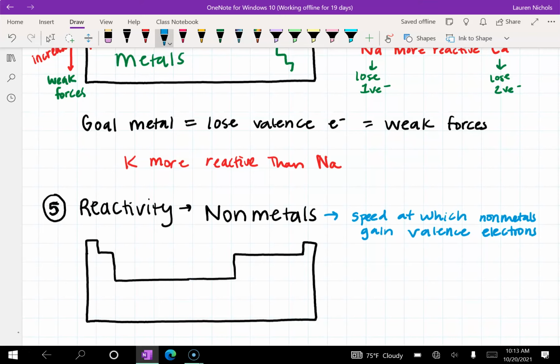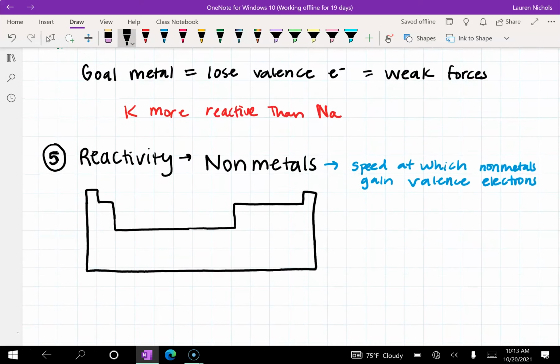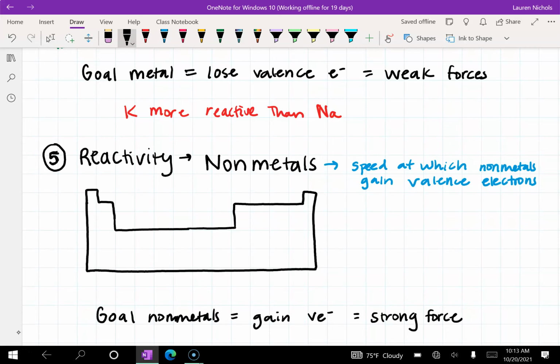Now, if I'm thinking about my goal of nonmetals, the goal of nonmetals is to gain valence electrons. That means I'm going to want to have a strong force because it will be easier to take or gain valence electrons if it's strong.